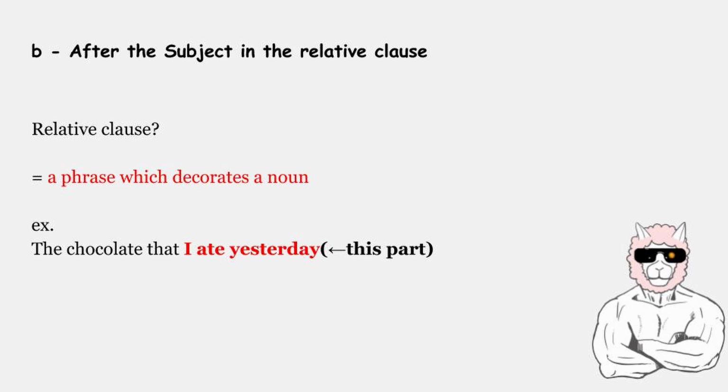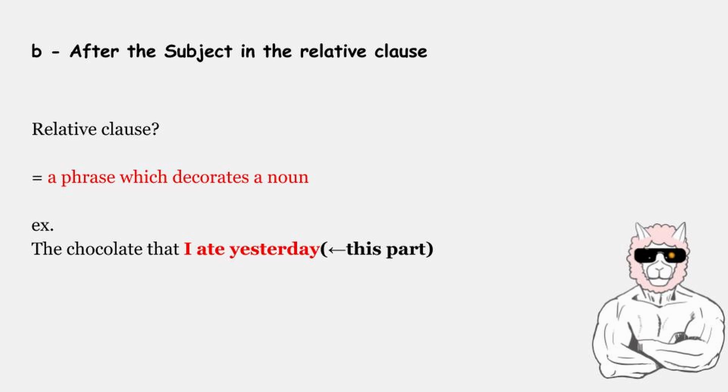Do you know what is the relative clause? In short, that is the phrase which decorates a noun. For example, in English, we say, the chocolates that I ate yesterday. And the phrase, I ate yesterday, decorates a noun, the chocolate, by using that.